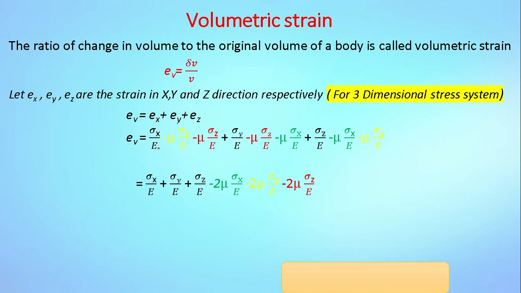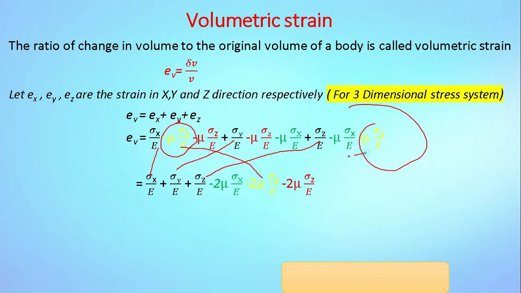Now we will equate all the terms. This sigma x divided by E, sigma y divided by E and sigma z divided by E, and this yellow color term, and this green color, mu sigma x divided by E and mu sigma x divided by E, and this red term, mu sigma z divided by E and mu sigma z divided by E. Now in these terms, minus 2 mu is common.